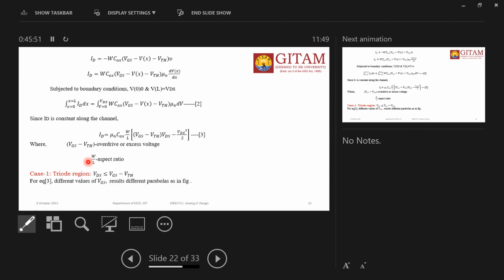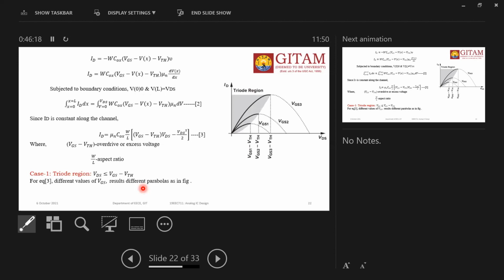For the triode region, this is equation 3. Different values of VGS result in different parabolas. For one VGS value, if we find the current equation by changing the VDS value, we will get one parabolic curve like this.